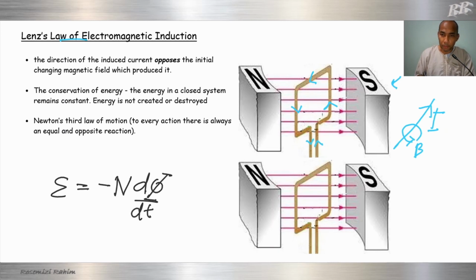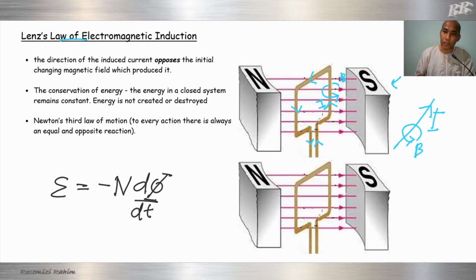When current flows like this, we call it anticlockwise. And what happens if we use Ampere's circuital law? This is the magnetic field created by the induced current. This induced current is created by this magnetic field. This magnetic field produces the induced current, and then this induced current will produce a magnetic field.